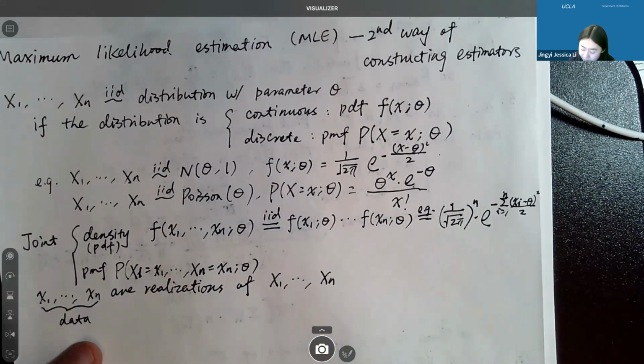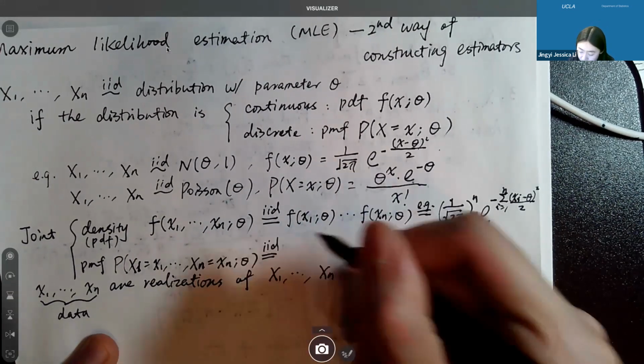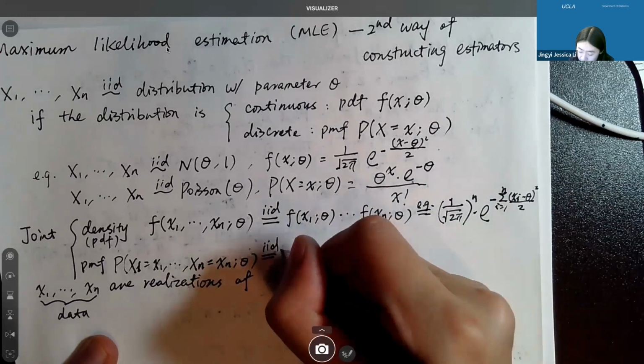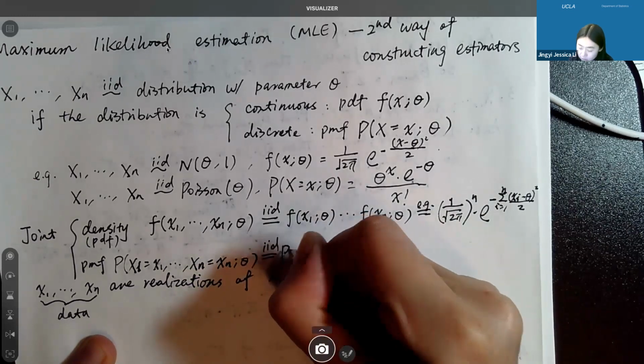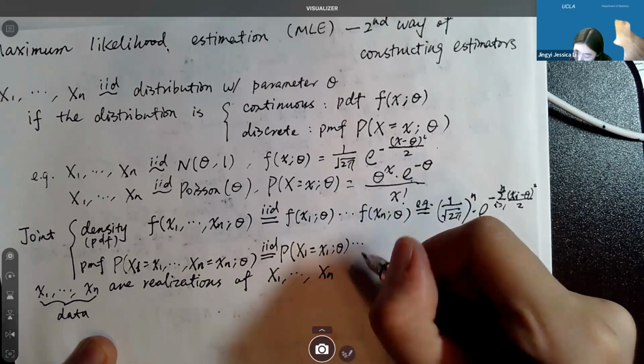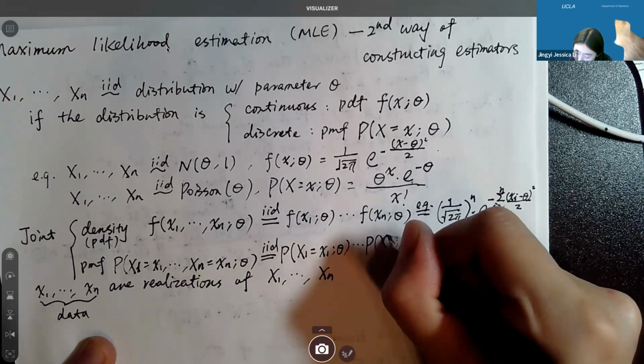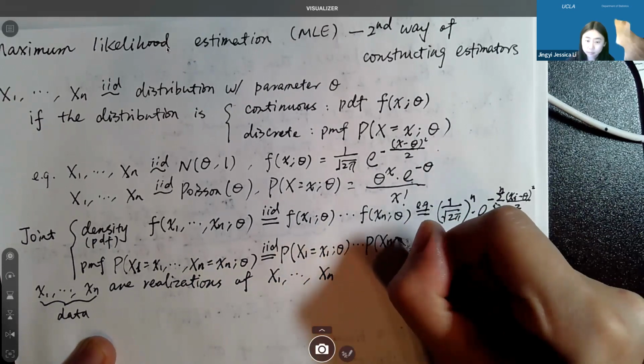Again, by the IID of X1 to Xn, I can write this as the probability X1 takes value small x1 given theta multiplied through the probability of big Xn equals small xn given theta.